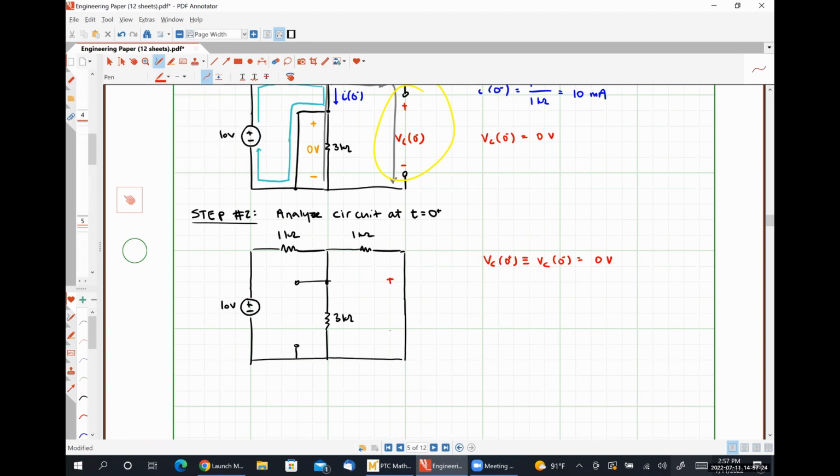Here is VC of 0 plus. Here is I of 0 plus. So, does anybody have any thoughts on how we might analyze this circuit to find I at 0 plus?